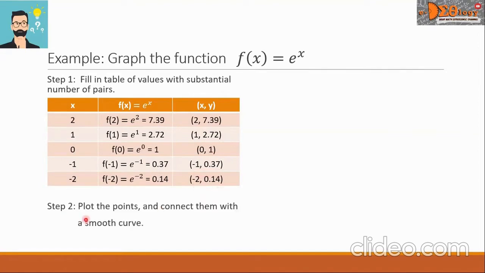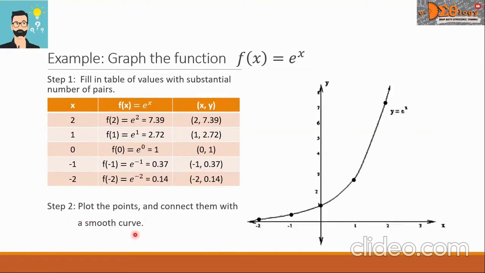And then step 2, let us plot the points and connect them with a smooth curve. This is now the curve. Look at our first point, 2, 7.39. It is here. The 1, 2.72 is here.